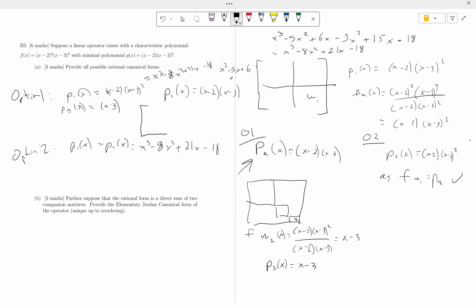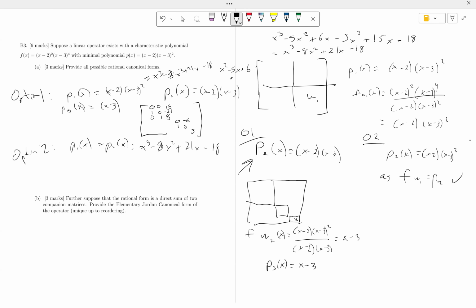So here we have 3 blocks. The first one is a 3 by 3, where the coefficients are 8, minus 21, 18. Then we have a 2 by 2, which has coefficients 5 and minus 6. We have a 1 by 1, which has coefficient 3.